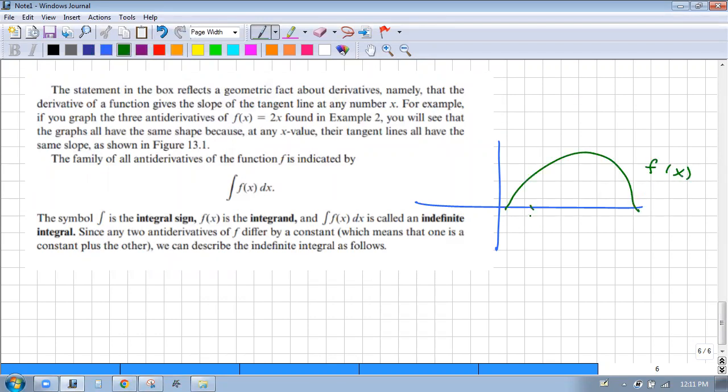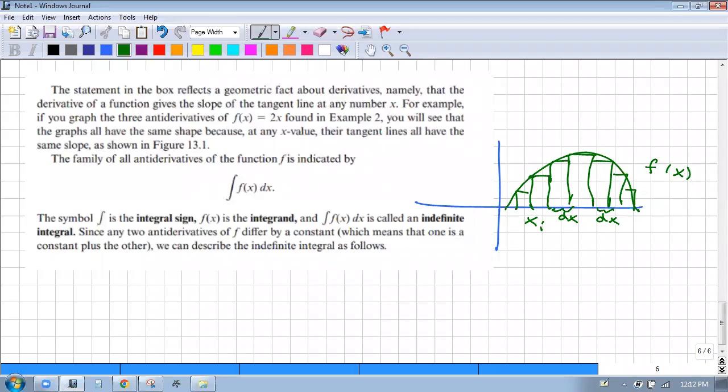So for any x value, I'll call this like x sub i. And then I'll make a little rectangle here. Bust this thing into rectangles. And I'll call the length here dx. So each one of these rectangles has a width dx, okay?